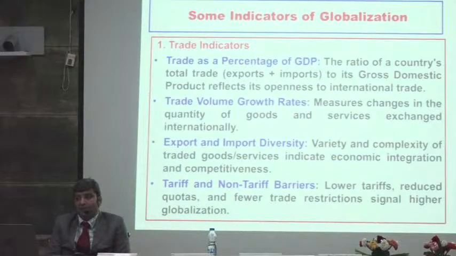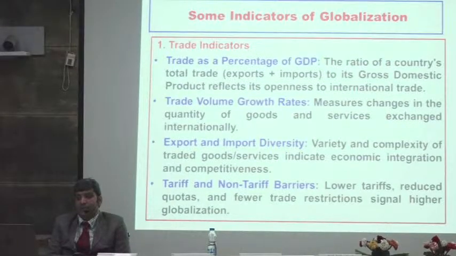If the ratio of a country's total trade, export plus import, to its gross domestic product is increasing, then we can say that internationalization is increasing. And if it is increasing for a large number of countries, then we can say that globalization is increasing. So trade as a percentage of GDP may be used as an indicator of openness, whether a country is closed or open.